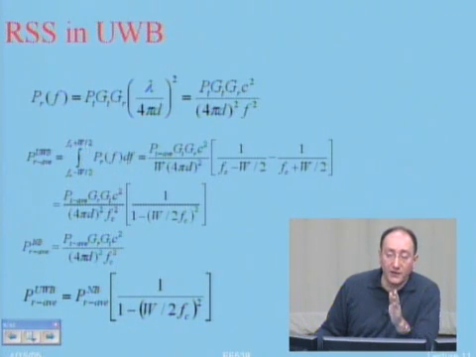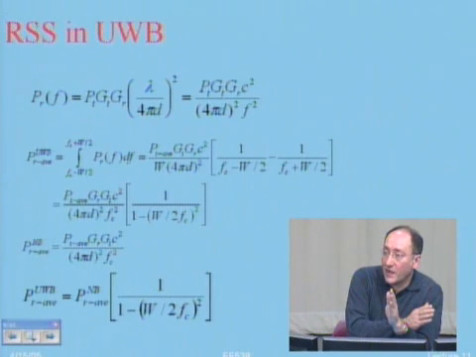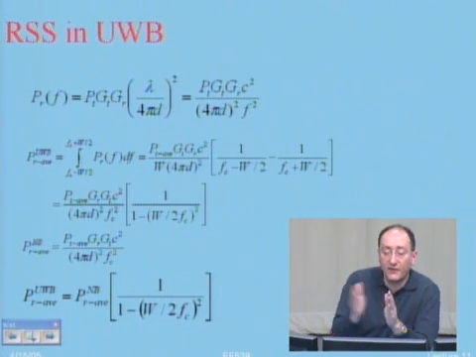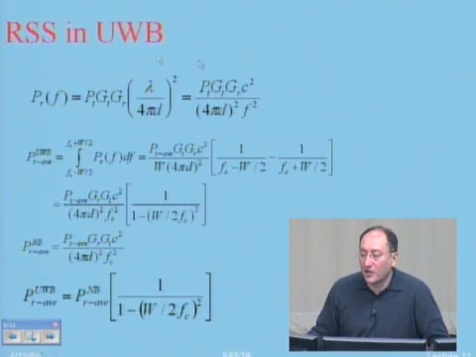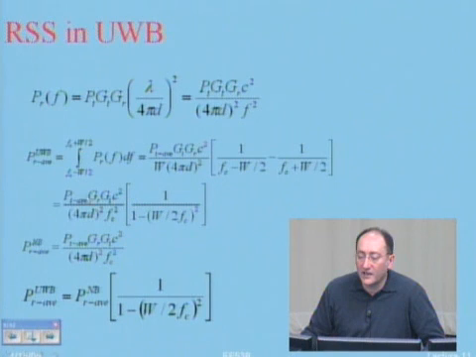That means from the center frequency, I go w over 2, half of the bandwidth on the left, half of the bandwidth on the right. If I calculate that integral, and do the detailed calculations, it finally ends up to this number.